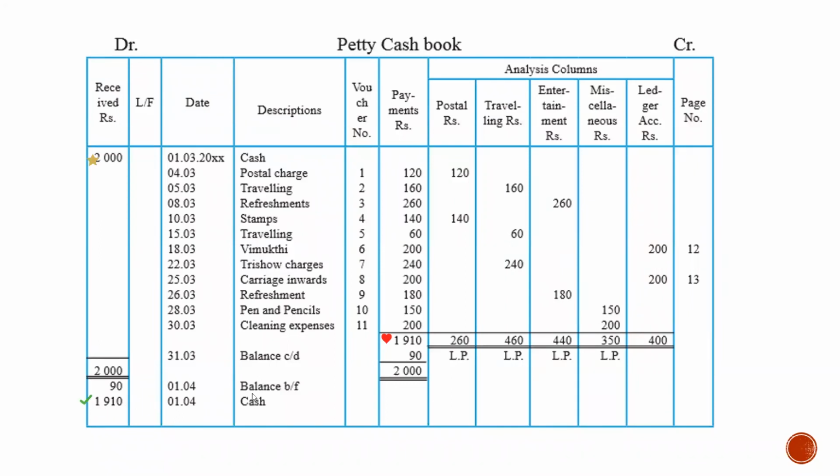The amount that was paid, or that we had already spent, is the one we get back, so that it will be equal to the 2000 rupees. That is basically what you have to know about the petty cash book. You should be able to draw the petty cash book and do these transactions, which are really easy, right?